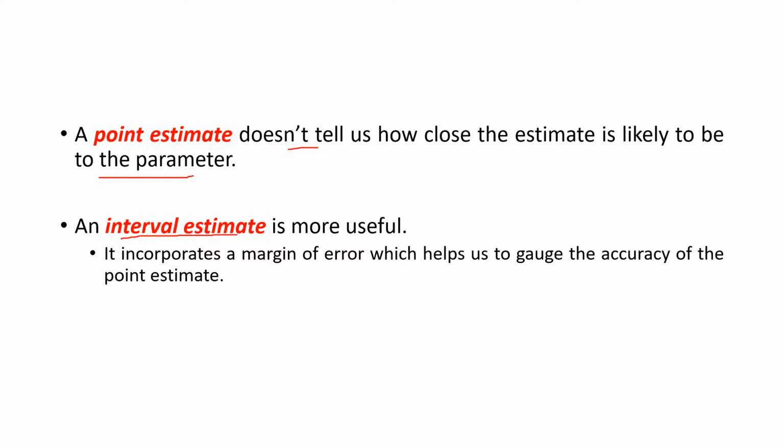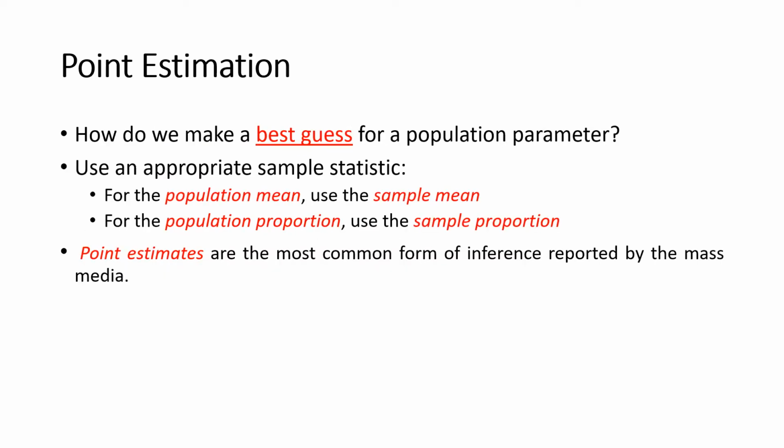Interval estimation is more useful because it incorporates the margin of error, which helps us gauge the accuracy of the point estimate. For a point estimate, you make the best guess for the population parameter by using the appropriate sample statistic. For the population mean, use the sample mean. For the population proportion, use the sample proportion. This is an example of how you calculate.